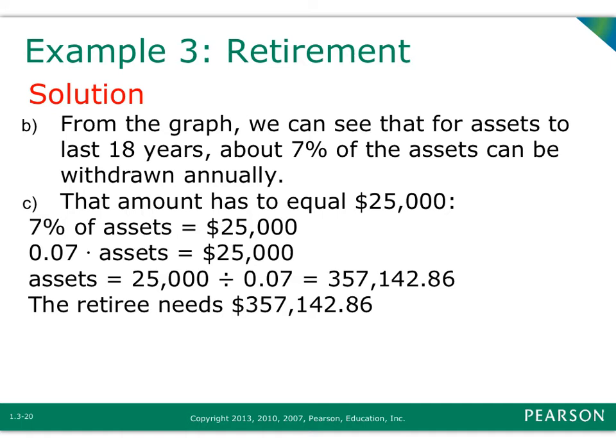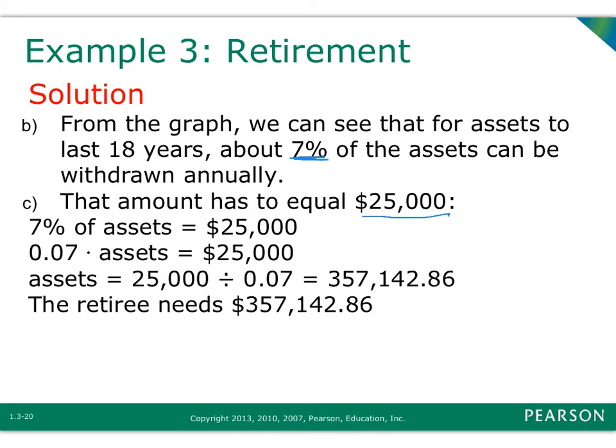So the graph of assets lasting 18 years, about 7%, is withdrawn annually. That amount has to equal 25,000 of assets. And so we set up the process.